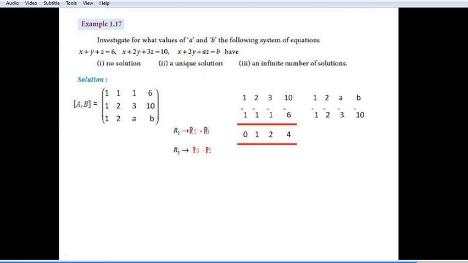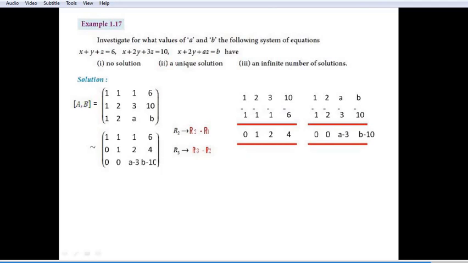Subtracting, change the signs. Here we get 1 minus 1 is 0, 2 minus 2 is 0, and A minus 3, B minus 10, because they are unlike terms, you cannot simplify. So write as it is, A minus 3 and B minus 10. If you write in matrix form, we get R2 is 0, 1, 2, 4 and R3 is 0, 0, A minus 3 and B minus 10.